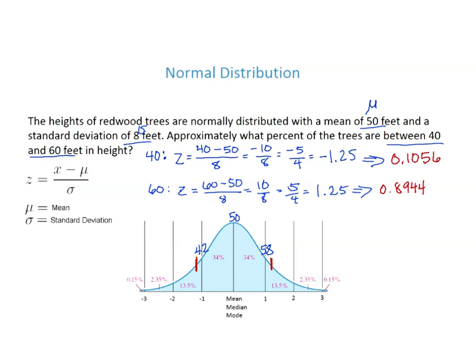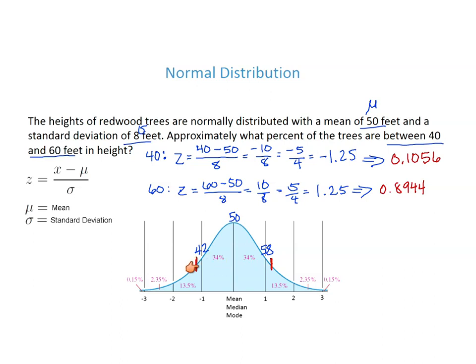That means that all of the probabilities added together up to this point would be about 10.56%. All of the probabilities added up to this point are about 89.44%. But we don't want to know those values. We want to know what's between them.